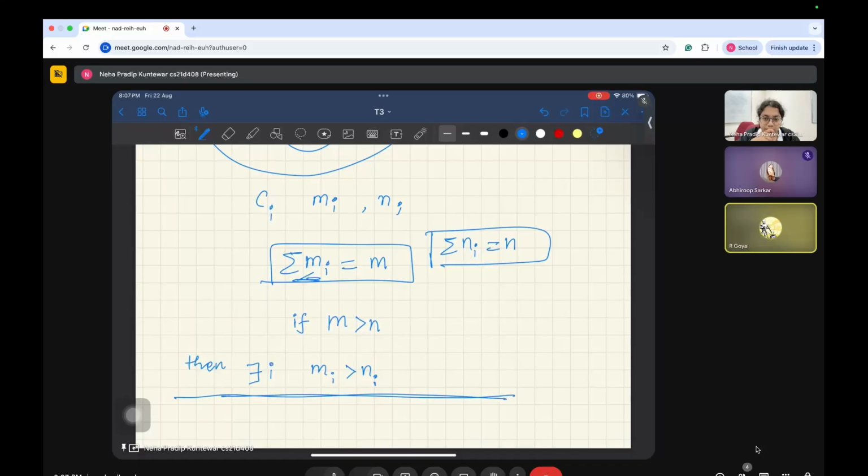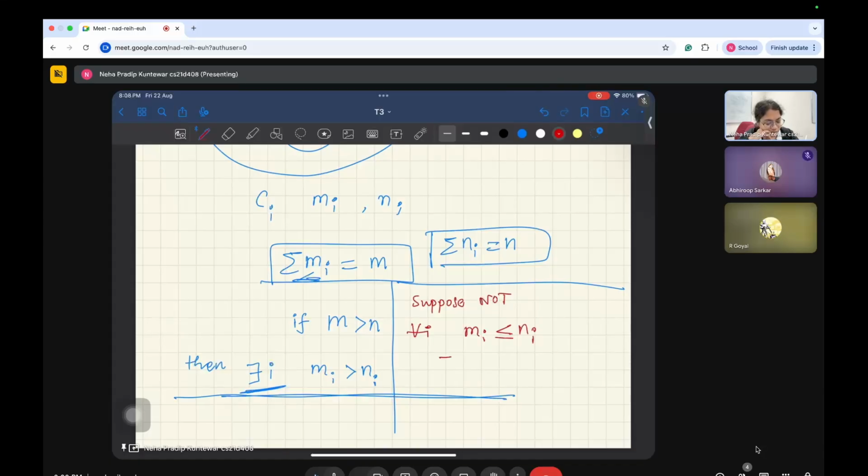So it is not that directly visible, quite possible that mi would be greater than nj. But we are saying for some component this should happen. So let's say suppose not. Suppose this is not the case. What that means is for all i, mi is less than or equal to ni.